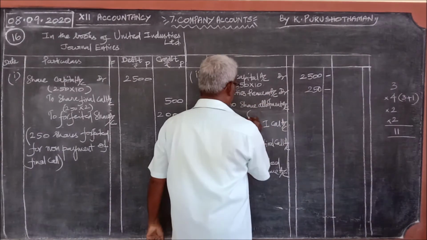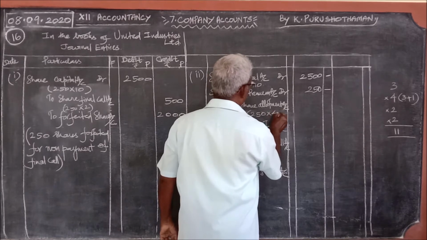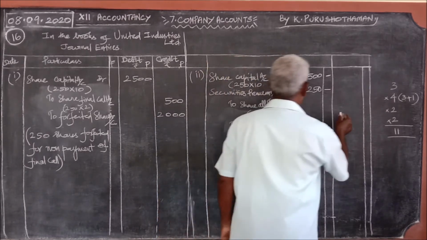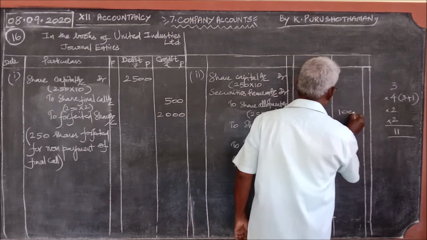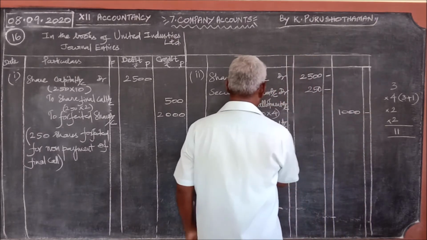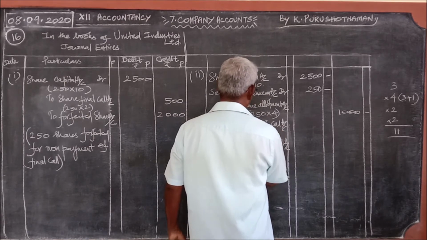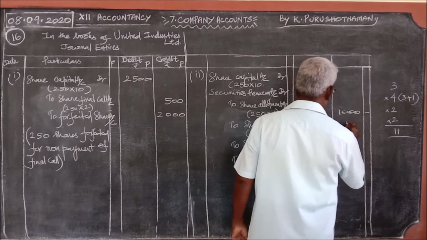Then regarding the allotment, 250 shares into 4, that is 1000. And the first call, 250 into 2, 500.